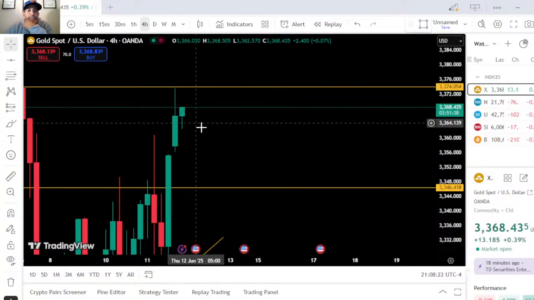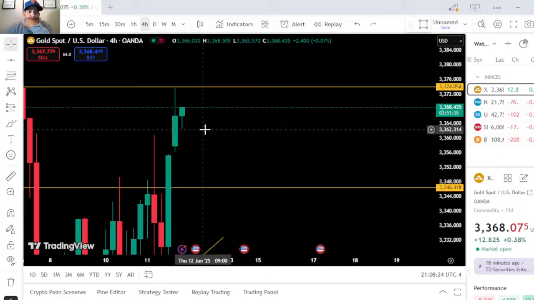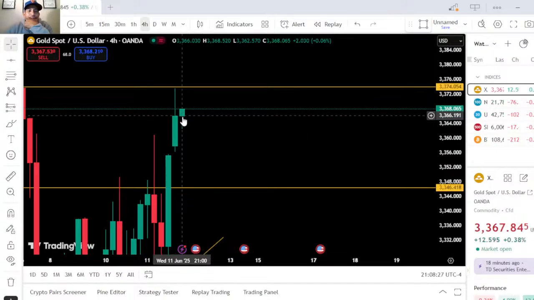We might re-break the high. Yeah, we did. Okay, so we came up, made a higher wick, came down, made a steeper wick, and then we came up.